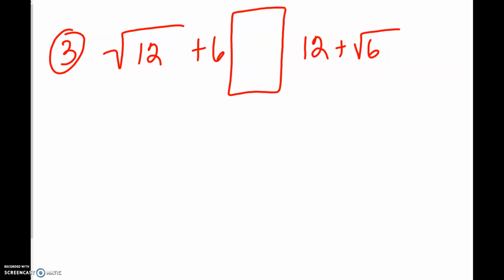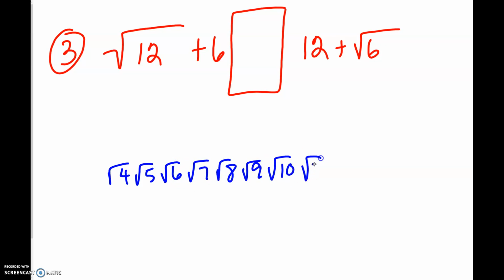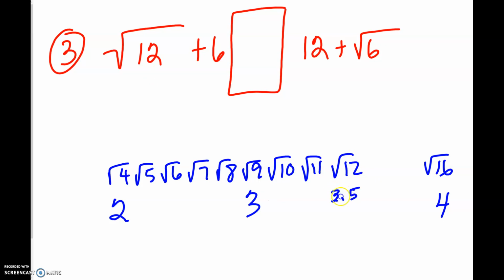Square root of 12, square root of 6. So if we start with the square root of 4 and we count up, now you guys already have this chart made, so this is going to be super helpful and a lot faster than what I'm doing. So the square root of 4 is 2, the square root of 9 is 3, and the square root of 16 is 4. So 12 is going to be between 3 and 4, so let's just say it's about 3.5.